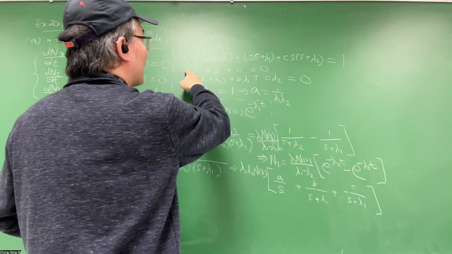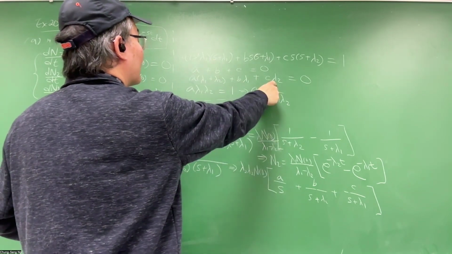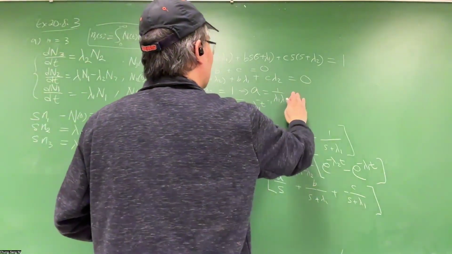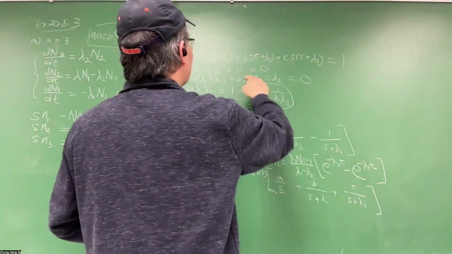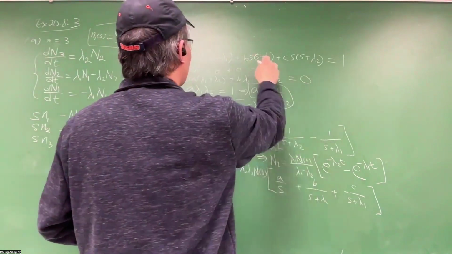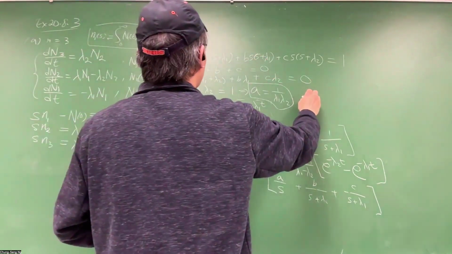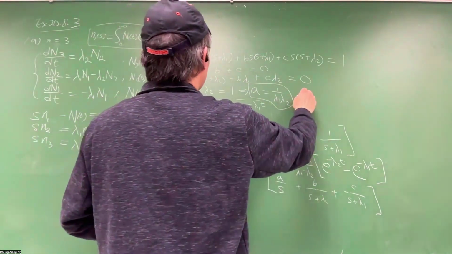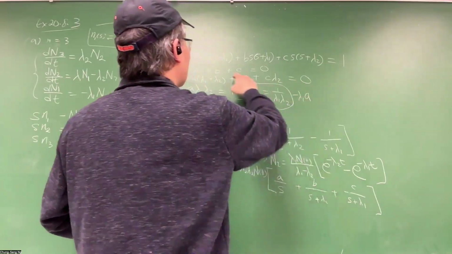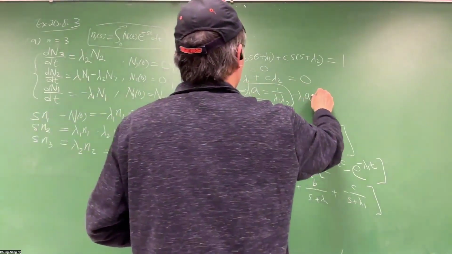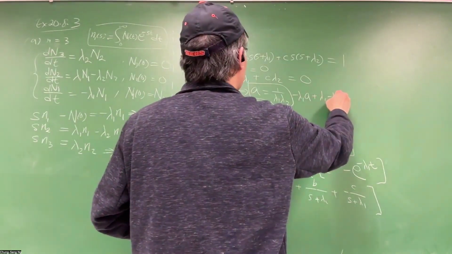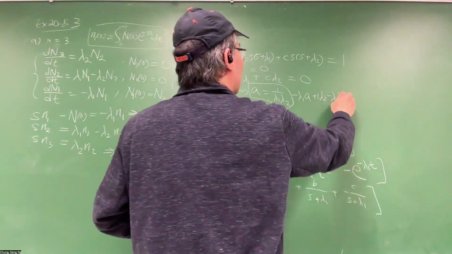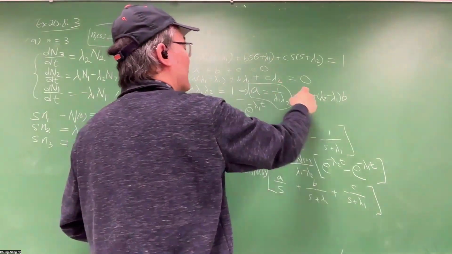So if you multiply by lambda 2 here and subtract this, then that should give you, okay, this is done. So multiply by lambda 2 minus this one, and that cancels this term also. And so you get minus lambda 1 A, and 1 minus lambda 2, and C cancels.